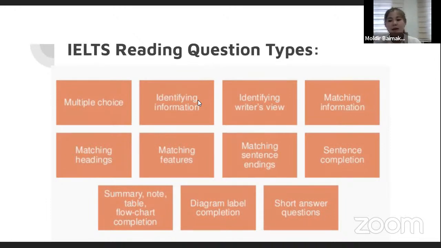So this is summary, note, table. There will be some kind of repetitive information and you will just look at it and copy it. Just identify the missing ones and write them down. Diagram label completion is actually the same. We have some kind of diagram, maybe the body structure of some fly, or some scientific diagram, and you have to just name the parts.